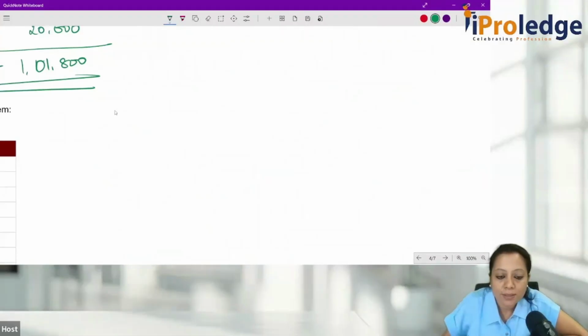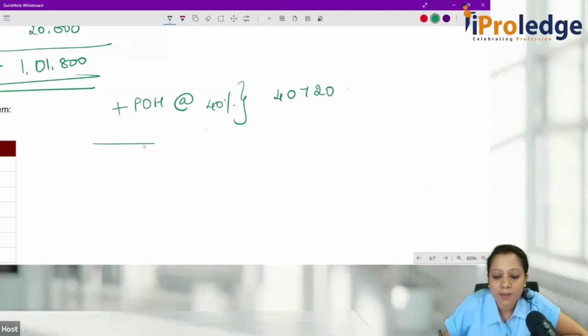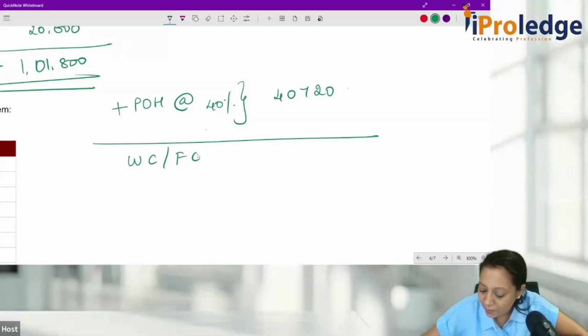Add production overheads at the rate they have given in the question, 40% of prime cost. 1 lakh 1,800 into 40% is 40,720. Then we get works cost or factory cost: 1 lakh 1,800 plus 40,720 is 1 lakh 42,520.